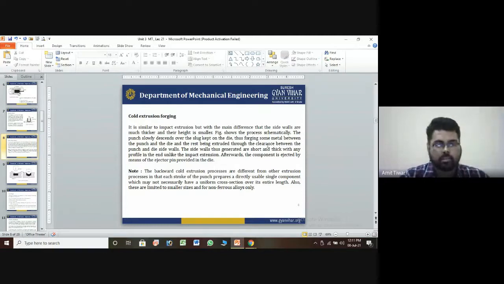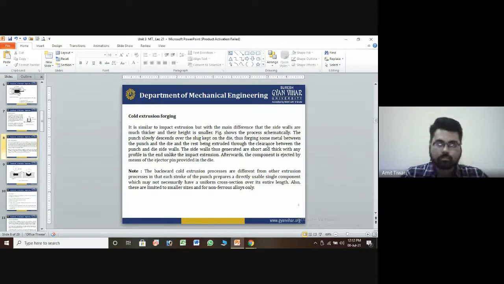Afterward, the component is ejected by means of the ejector pin provided in the die. So these are some of the processing steps of cold extrusion forging, which is semantically similar to the impact extrusion process.